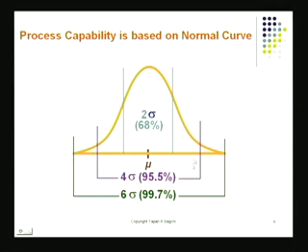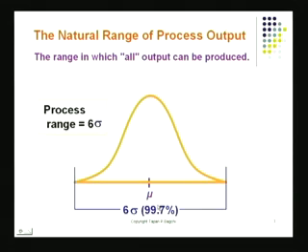And if I make that tolerance even wider, if I make it 3 sigma, that is, mu plus 3 sigma would be the upper limit and mu minus 3 sigma would be the lower limit, then the amount of output that is inside the plus 3 sigma and minus 3 sigma range is going to be 99.7%. This is a property of the normal distribution. And we utilize this when we do our CPK calculations.